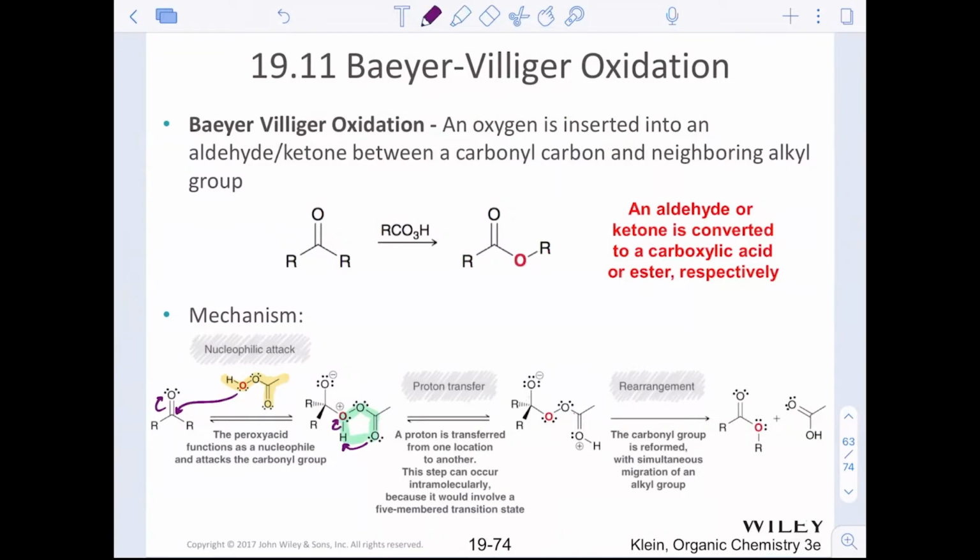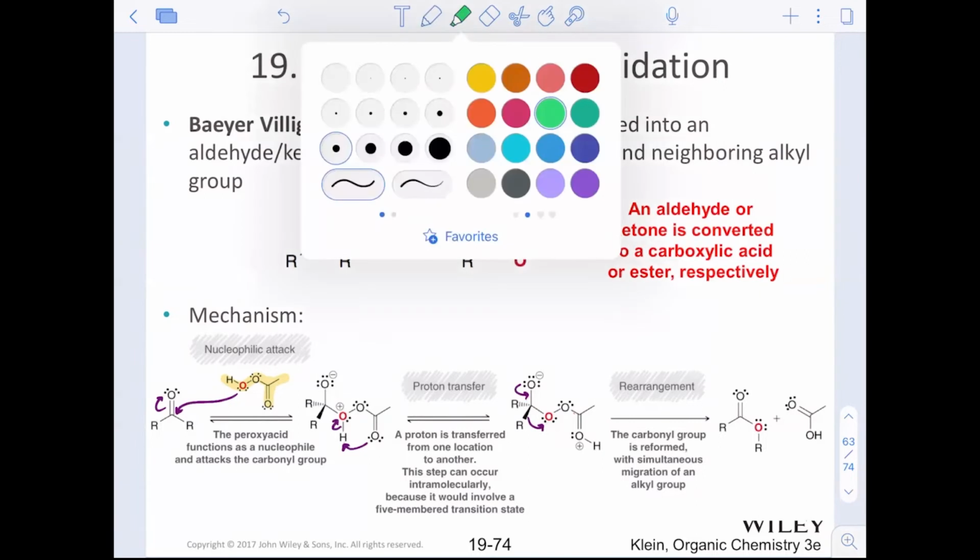Okay. And then we get a rearrangement. Oxygen from the ketone or the aldehyde relaxes back down, and we actually get the rearrangement of one of the neighboring groups, either the R groups or the hydrogen, whichever one of these. Let's highlight them.